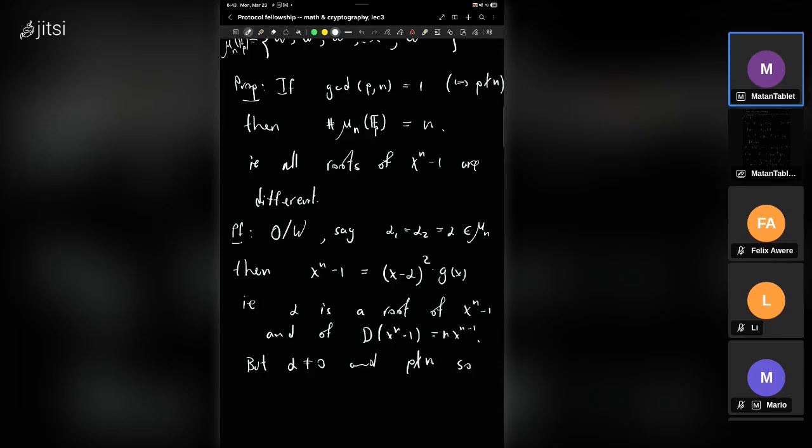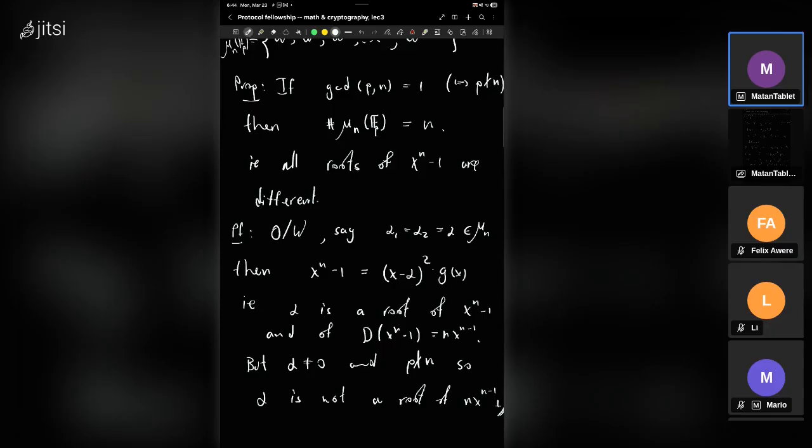So alpha is not a root of the derivative n x to the n minus 1. And that's a contradiction. So this is the group of n roots of unity.